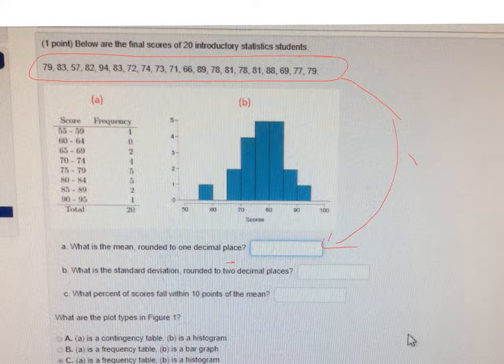So you're going to take 79, sorry, that's a 9, minus whatever you got for the mean, and then you're going to take 83 minus whatever you got for the mean, and so on. You're going to do that down the list of the 20 numbers.